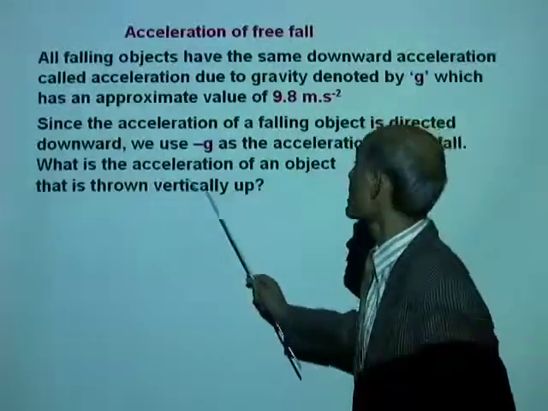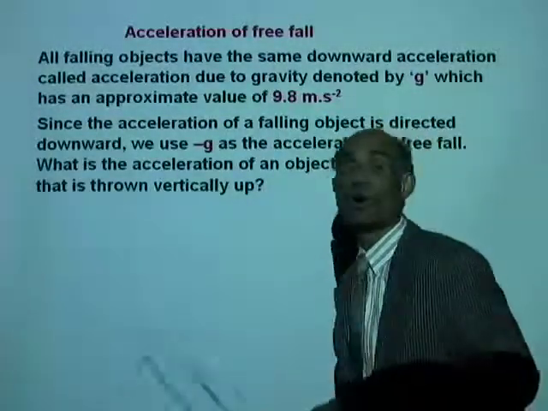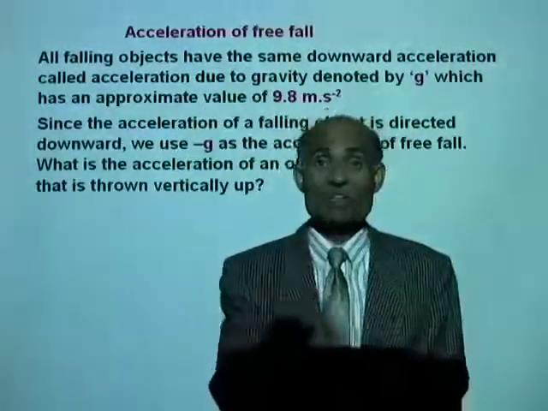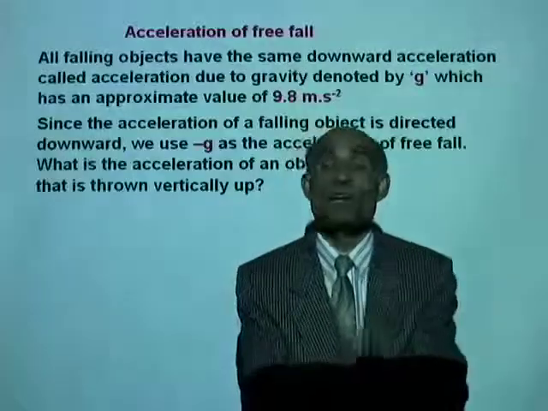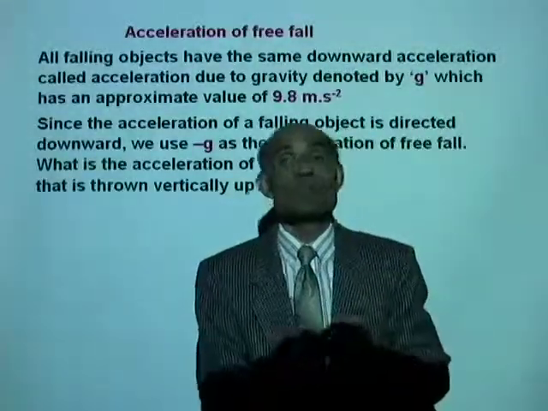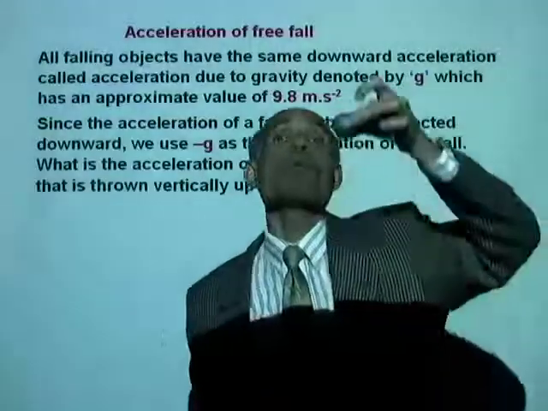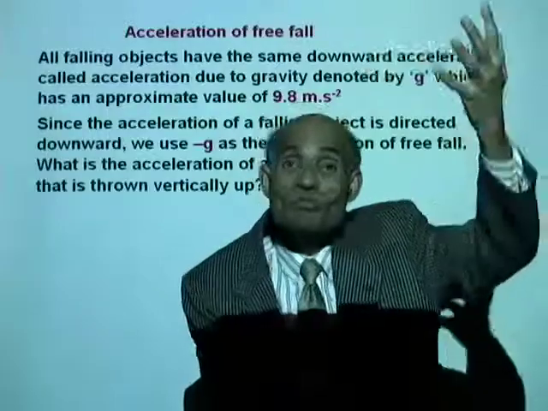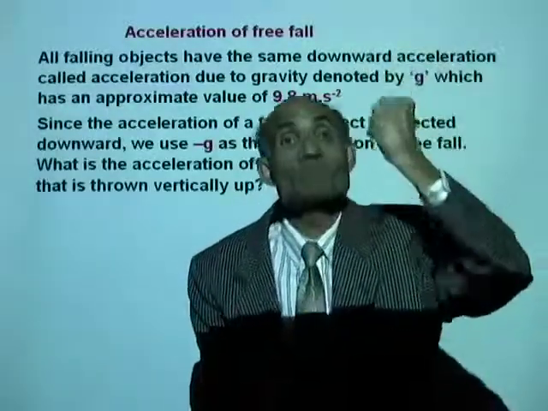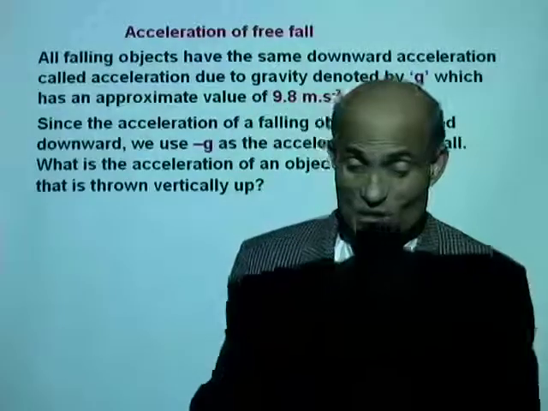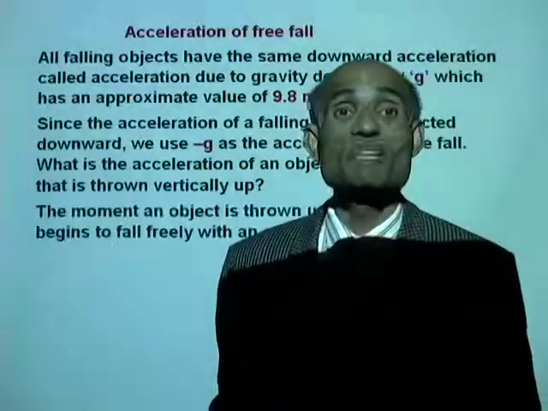Now, what is the acceleration of an object that is thrown vertically up? You see, the moment I throw this up, it begins to accelerate downward. That means whether an object is thrown up or simply dropped, both these objects have the same downward acceleration, which is negative g.